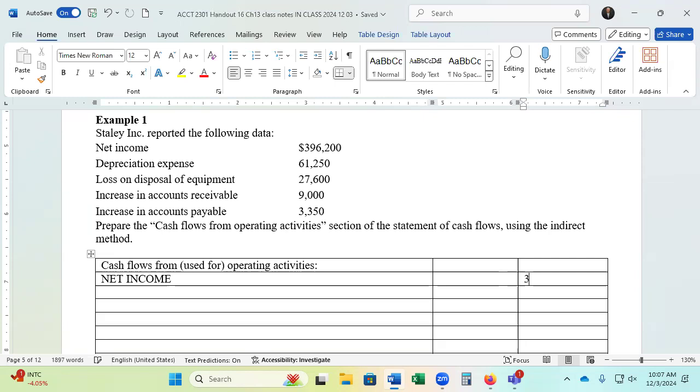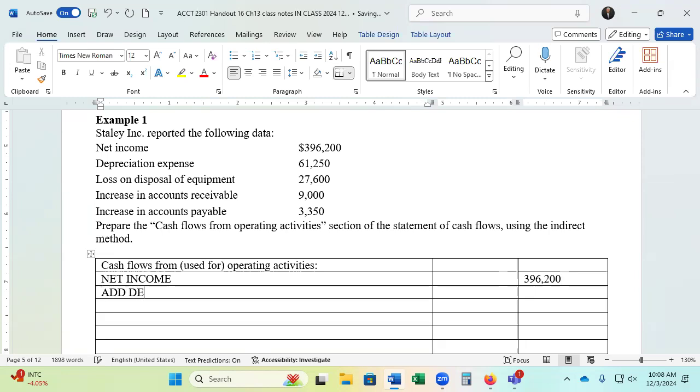Our net income is $396,200. This would normally have depreciation expense that we'd have to add back.